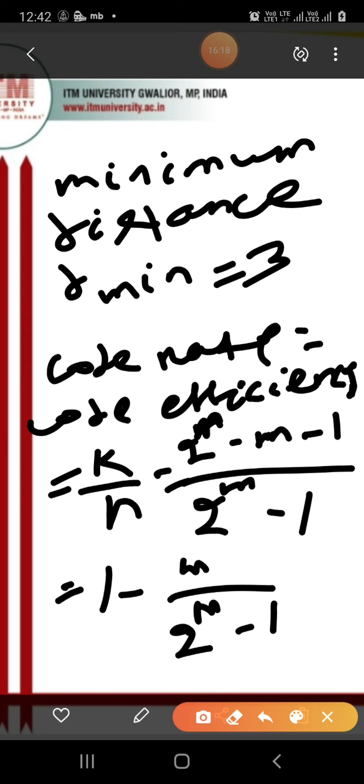So if m is much greater than 1, then the code rate r will be nearly equal to 1.